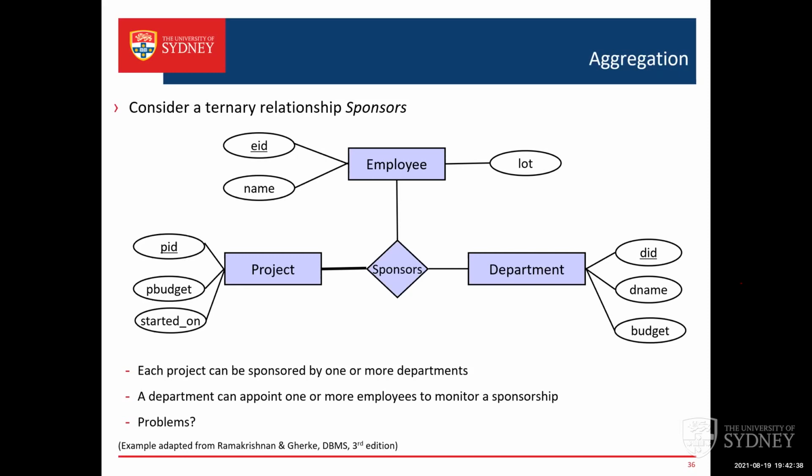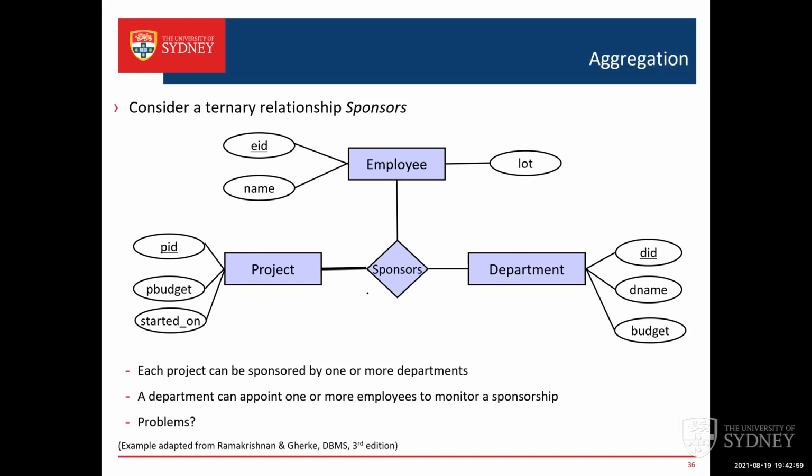Each project can be sponsored by one or more departments. Hopefully that is making sense, because I have a thick line in here. A thick line simply means at least one, right? A department can appoint one or more, so many, because I don't have any thick line, which simply means many.